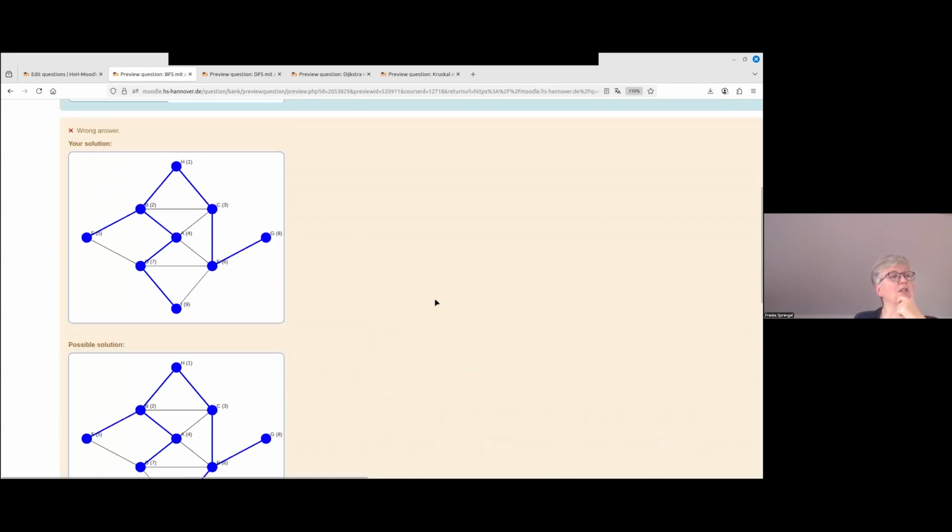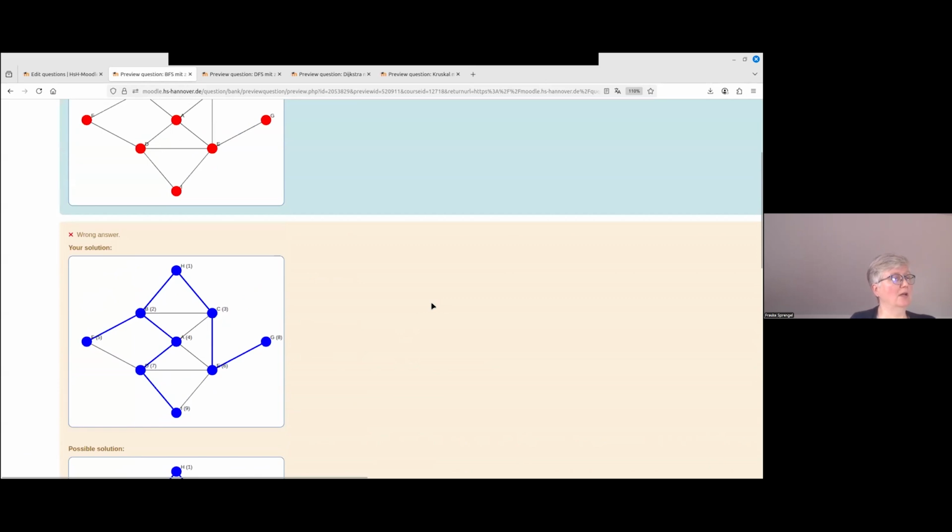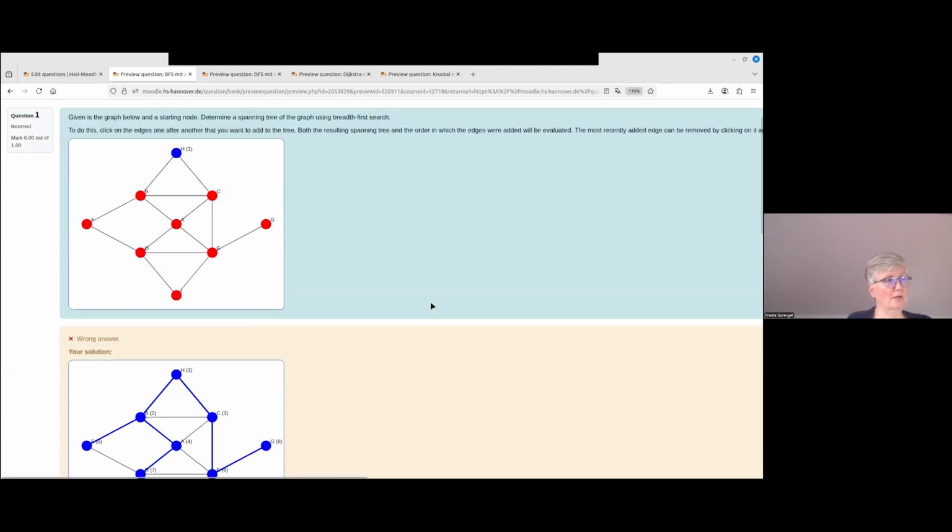And so it's more or less what we wanted to have, like the pen and paper exercises. Just draw your graph with your mouse and see what happens. And here we can really do the same as we did before in class.